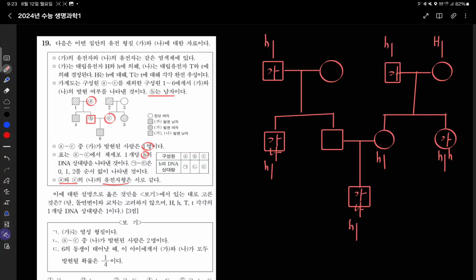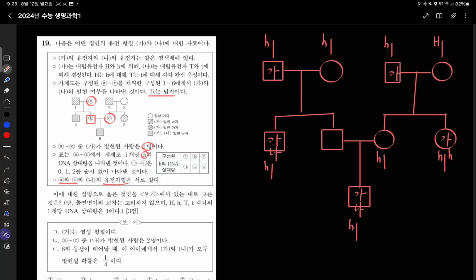And then because individual number 4 has one lowercase allele, that means his mother A has at least one lowercase h allele.